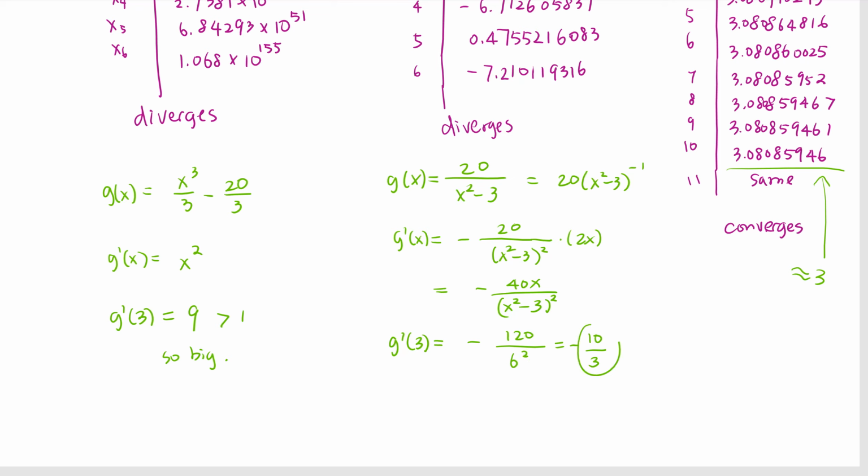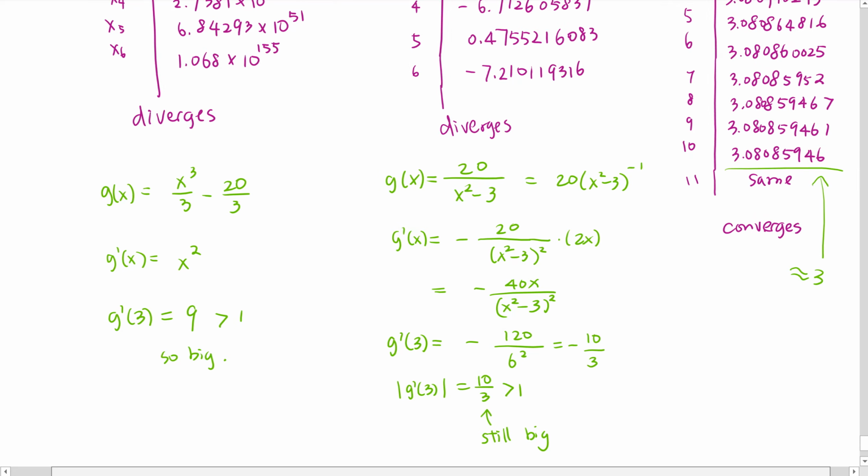You can see the magnitude of it is 10 over 3. It's still greater than 1. Your error is not getting smaller, it's getting bigger. So this also diverges. Bigger than 1 is big. We want the error to be smaller. We want a factor that is less than 1.